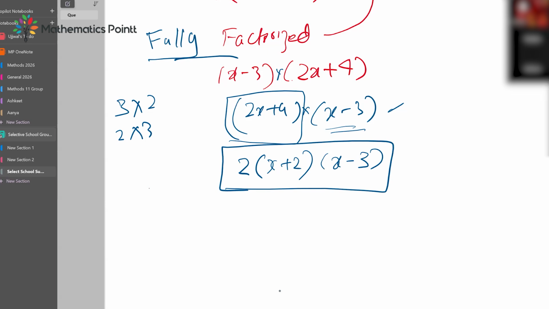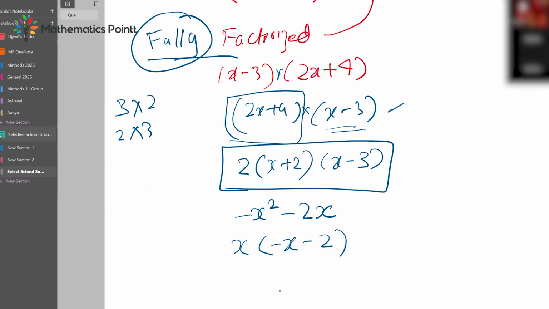So there is a difference. And I respect that person's thought. I forgot the name of that chap who pointed it out. So when I'm asked to fully factorize it, I need to pull out everything that I can. If you remember, I had negative x squared minus 2x at that point. I said, okay, let me pull out x, and you've got negative x minus 2.